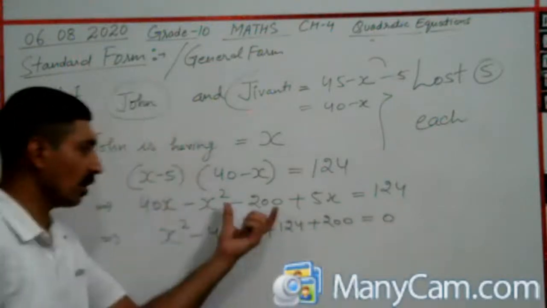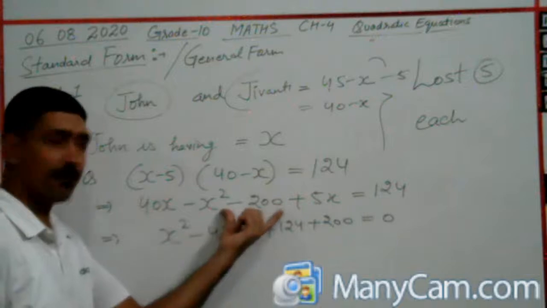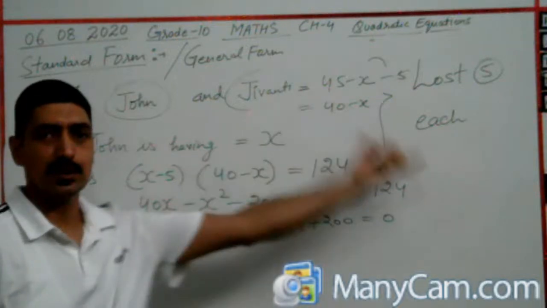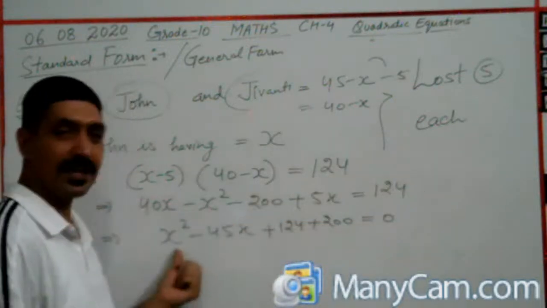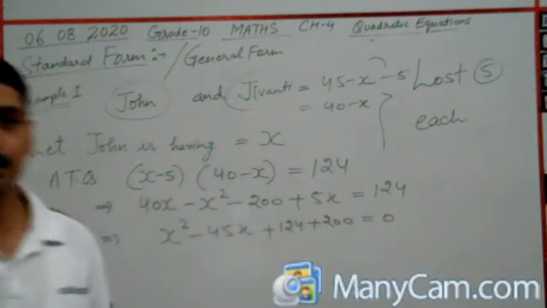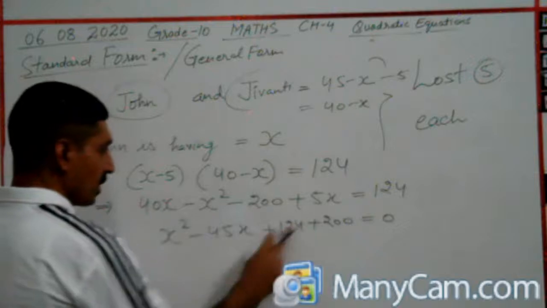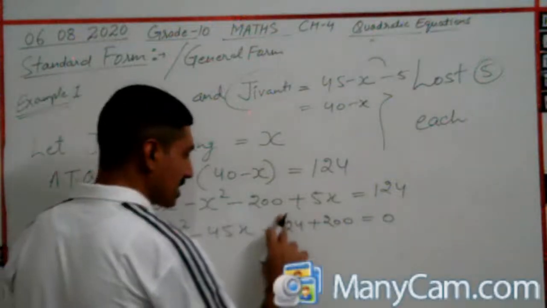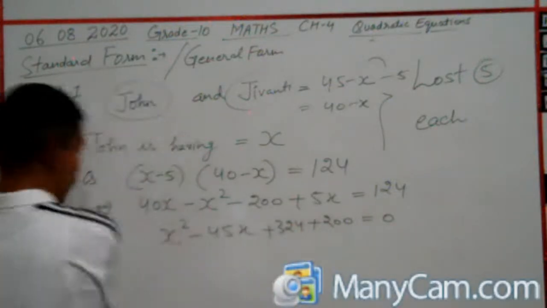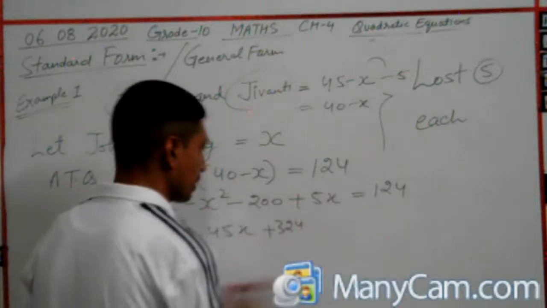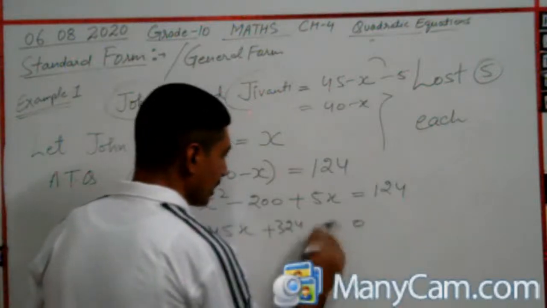What I have done is take all terms of the left hand side towards the right hand side, so x is positive, x square is positive. So here we have 200 plus that is 324, is the equation, right?